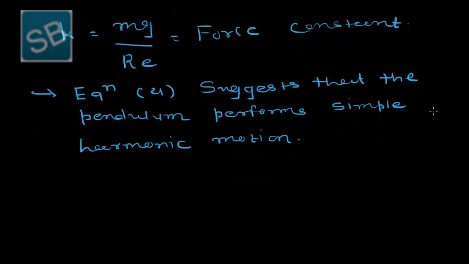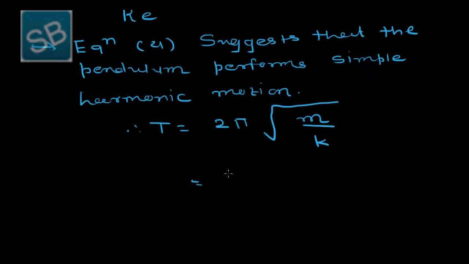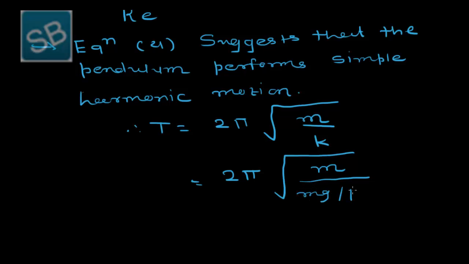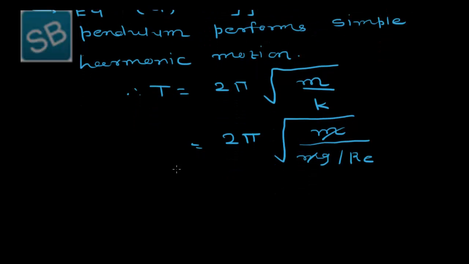And from the equation of time period for simple harmonic motion, T is equal to twice pi under root m by k. Now substituting the value of k in this equation, it is twice pi under root m divided by mg over Re. So here m is cancelled.